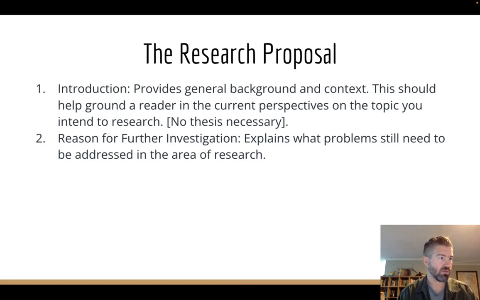So maybe we say, the problem right now with climate change, for example, is that although majority percentage-wise people believe that climate change is real and we know what to do, the real reason we need to investigate this is nobody's talking about specific actionable things that we can do, or nobody's putting a lot of time into how we convince people who believe it's not real to help them get on board with this.